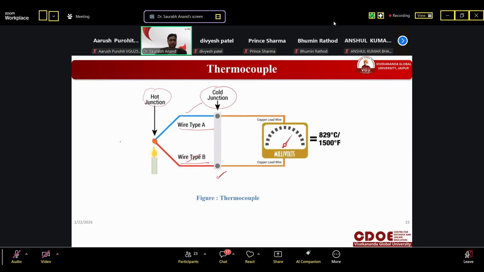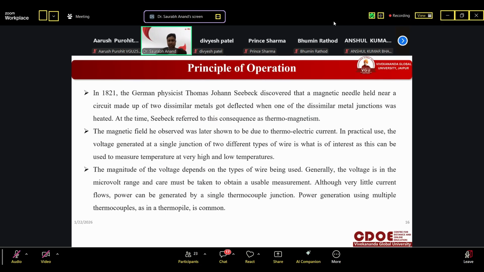So this is 29 and this is 19. We have to shift, to maintain from 29 to 19. Whether it is done or not will be shown here. It is in millivolts because very little voltage will be there. Whenever we see the value in that meter, it will be in millivolts. So this is the basic diagram of that.